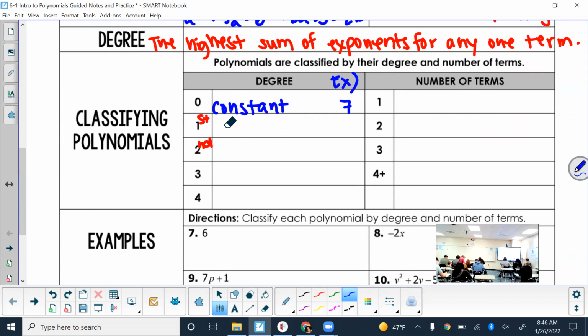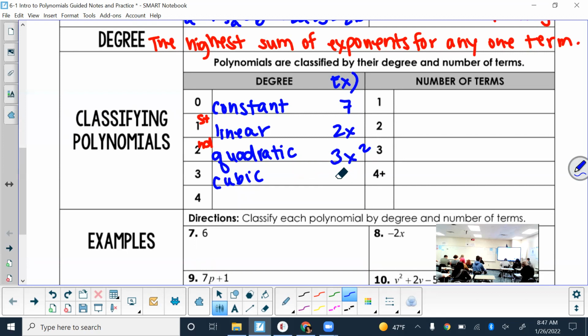If it's a 1st degree, then that means it is also linear. That would be like 2x, x to the 1st, so it's a 1st degree. 2nd degree would be quadratic, and that's going to be anything with a degree of 2. An example could be like 3x squared. 3rd degree would be cubic.